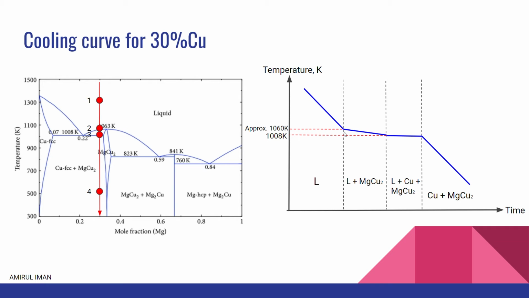Then it cools down again, with the formation of MgCu2, to the solidus line around 1008 Kelvin. When it approaches the solidus line, the eutectic of the microstructure started to freeze. Then when it passes the solidus line, the solid mixture will be frozen. The phases and compositions can be seen under the cooling curve.